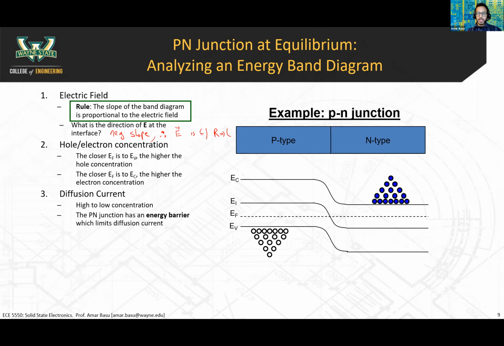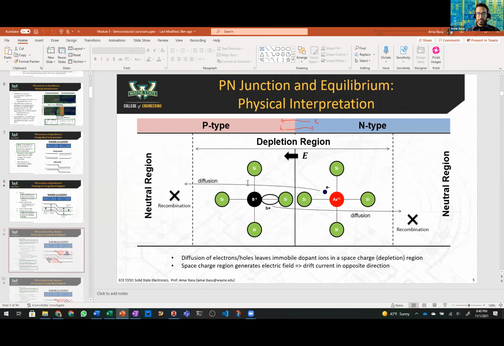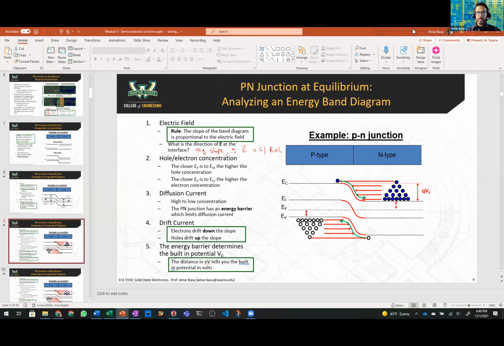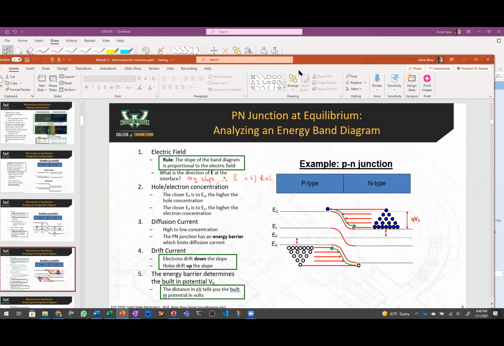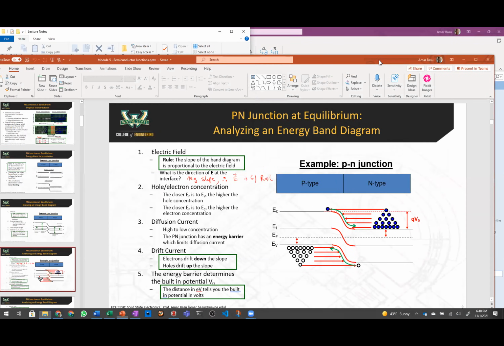All right. And can anyone tell me why the holes and electrons are drawn in this manner? Why are there lots of electrons at the bottom here, fewer electrons at the top? Is it because the electron concentration and hole concentration is higher near the valence band and Fermi level? That's right. Exactly. The farther you go, the less likelihood you can find carriers.